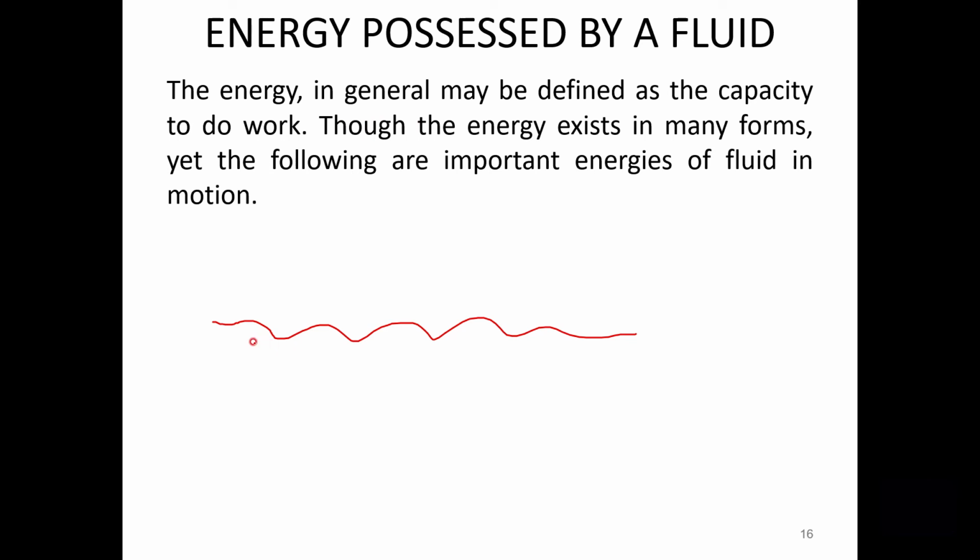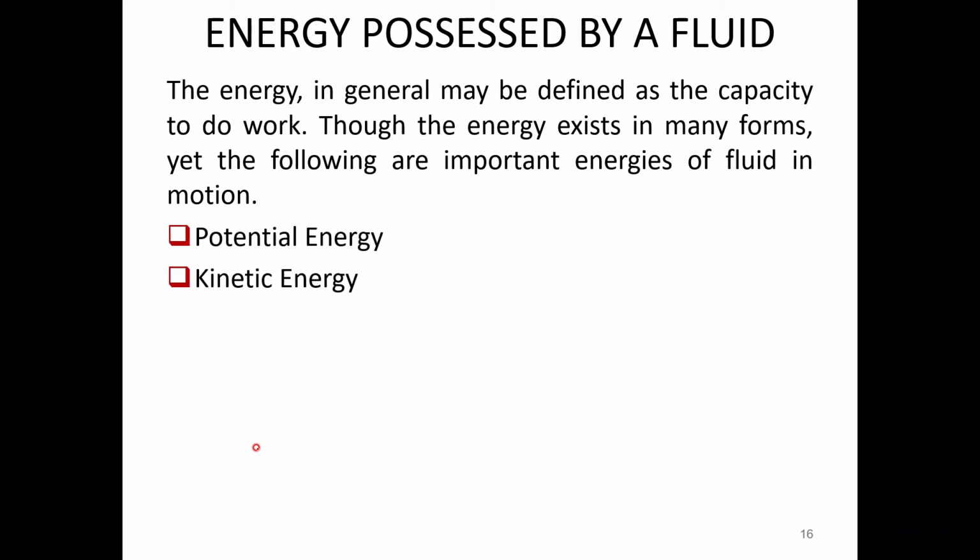So what are those energies this fluid can possess? Though energy exists in many forms, the following are important energies for fluid motion. They are potential energy, kinetic energy, and pressure energy. These three energies the fluid will be possessing.